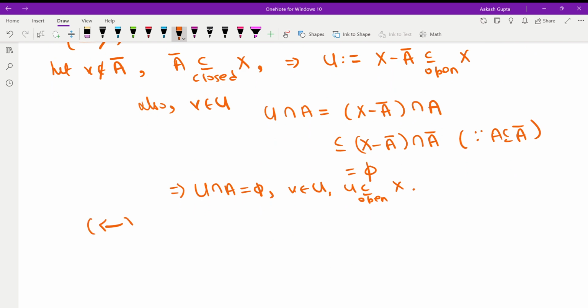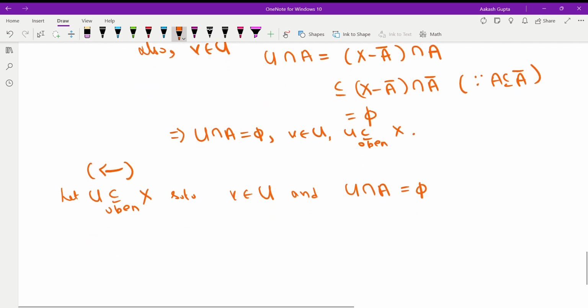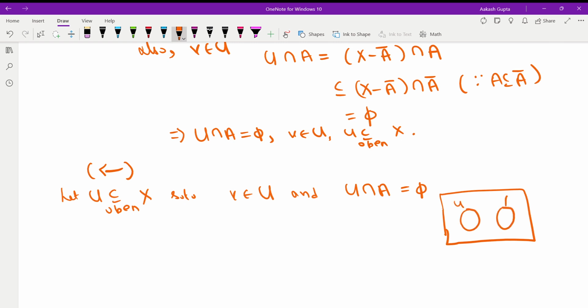The converse one. Let us take this condition. So let U be open in X such that x belongs to U and U intersection A is empty. Let us see what we can get from here. Guys, understand one thing. Let us have a Venn diagram. Say U is here and the intersection is empty, so A is here.